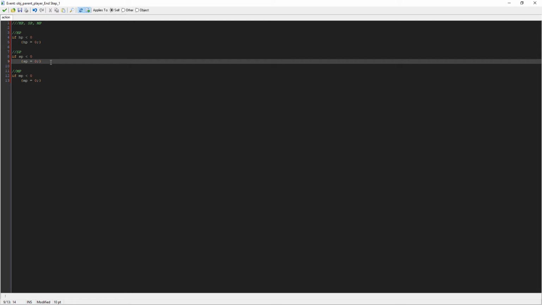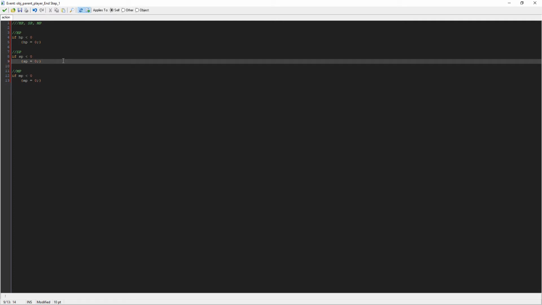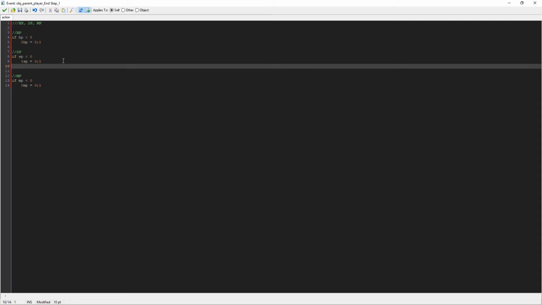So that's all fine and dandy, but stamina recovers, doesn't it? So how will we fix this? So what I'm figuring is this. Each time we will set SP last equals SP. Okay?